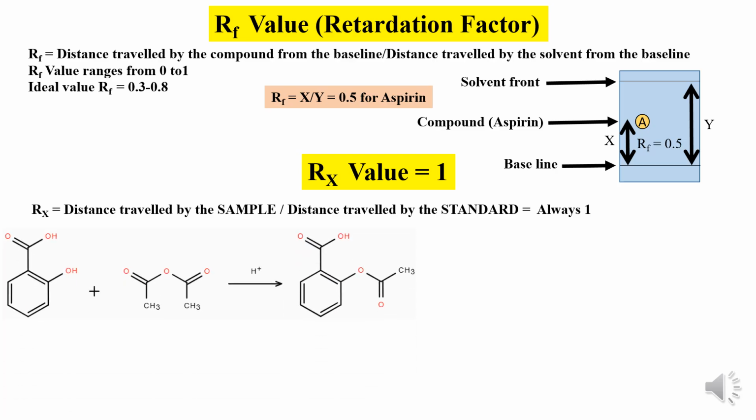Let's say you have synthesized aspirin in the laboratory using salicylic acid, acetic anhydride and catalytic amounts of concentrated sulfuric acid. When you reflux salicylic acid with acetic anhydride with a few drops of sulfuric acid added, that acts as a catalyst.